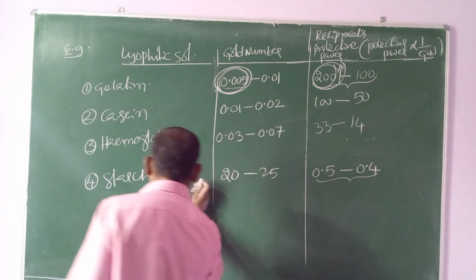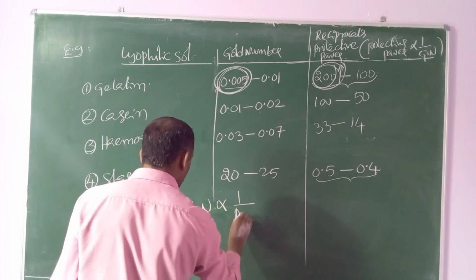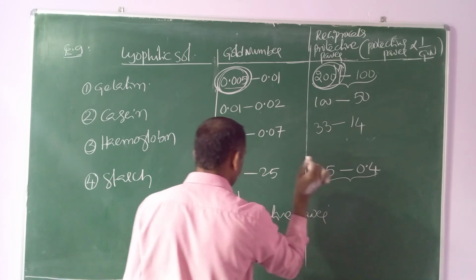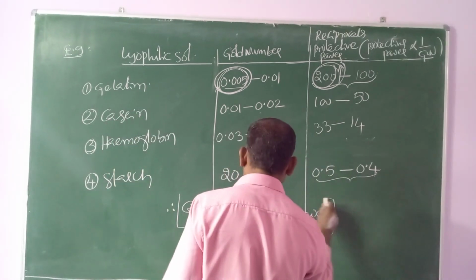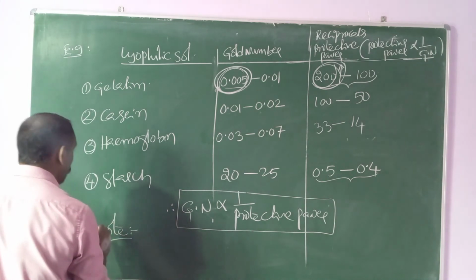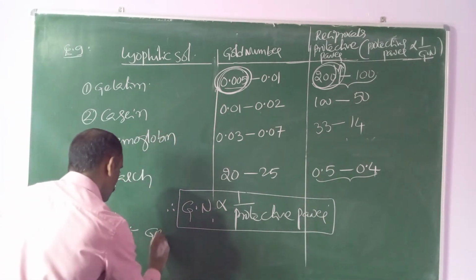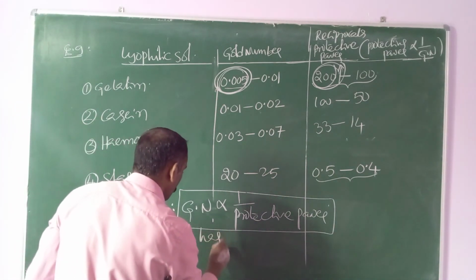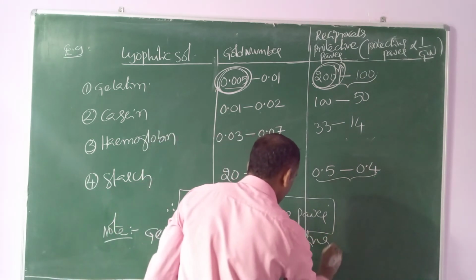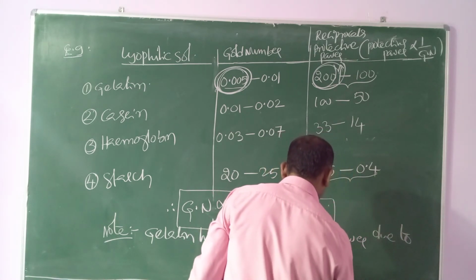From this table also we can conclude that gold number is always inversely proportional to protective power or protecting action. Very, very important. And one small note you should remember: among all the lyophilic sols, gelatin has more protecting power due to less gold number.